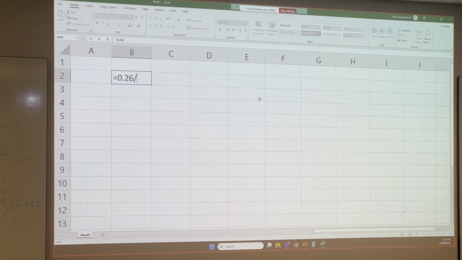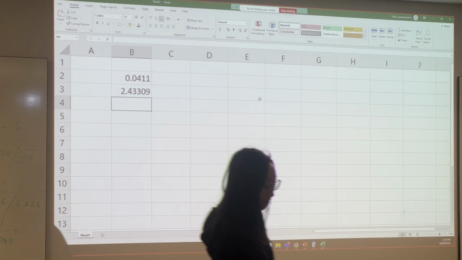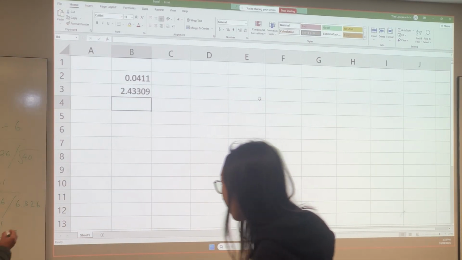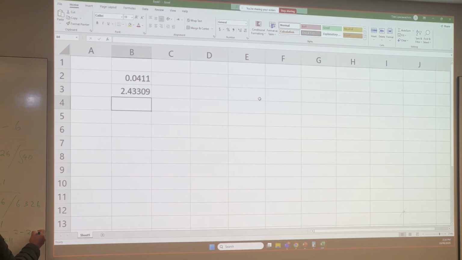0.26 divided by 6.326 is 0.0411. So 0.1 divided by 0.0411 gives 2.43, minus 2.43.